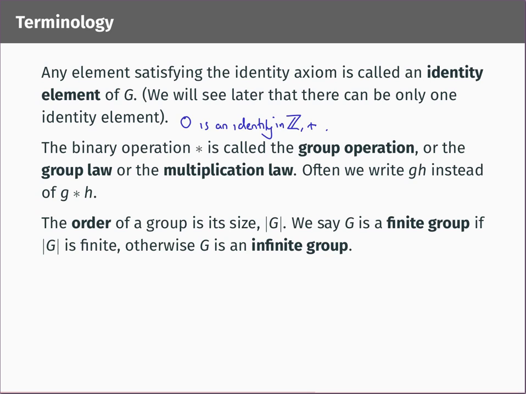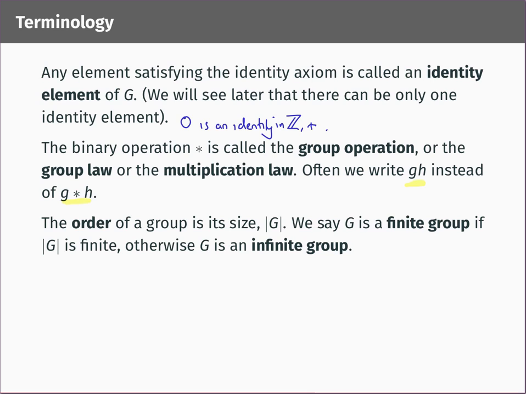So we'll very often write GH in a group when what we mean is G star H. We omit the name of the binary operation, and just write G next to H instead of G star H. That's just like in ordinary multiplication of numbers, where you'll often write XY instead of X and then a multiplication sign and Y. We do precisely the same thing in groups because it makes writing out our arguments a lot simpler and quicker.